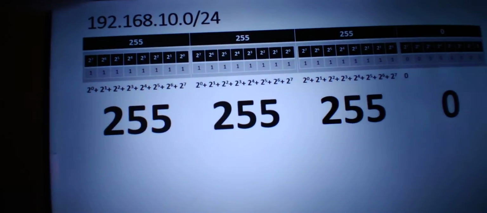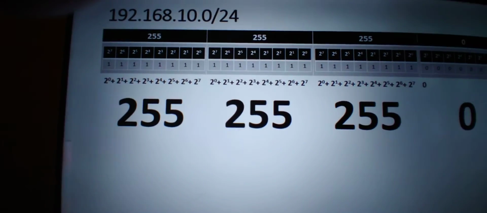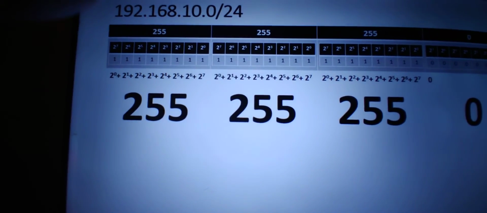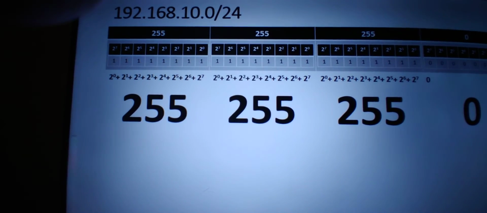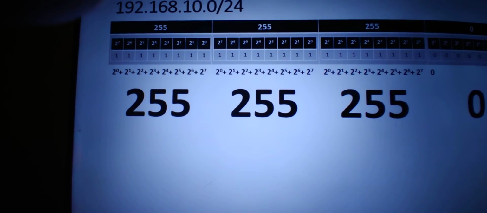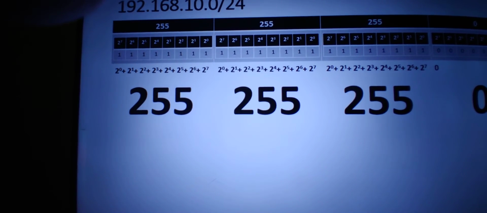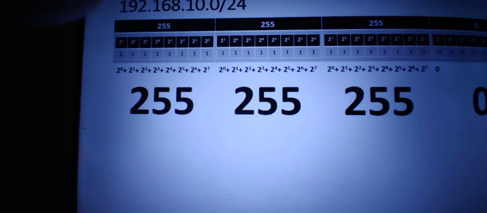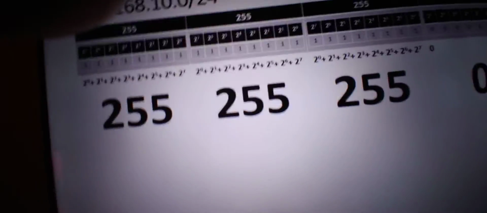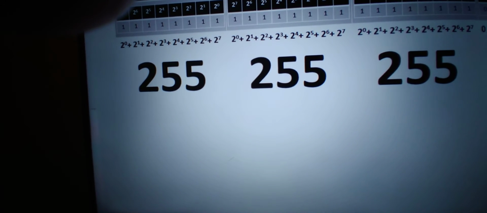So on the board, we have an example, and the address is 192.168.10.0 /24. So of course, we're going to put 24 ones into the subnet address, and we're going to have 0 in the host bits because 32 minus 24 is 8.